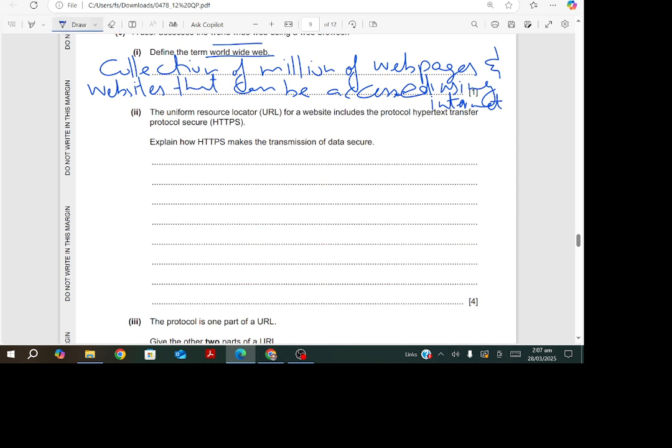We know that the primary purpose of HTTPS is to establish a connection between browser and server. So when HTTPS is used, it establishes a secure connection.